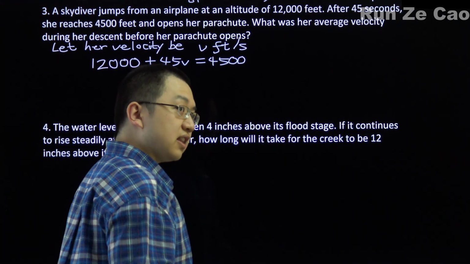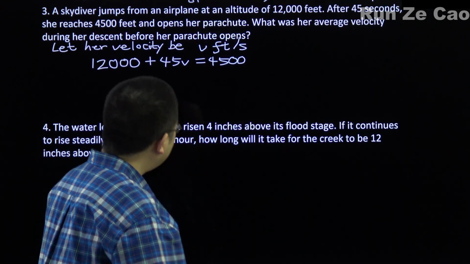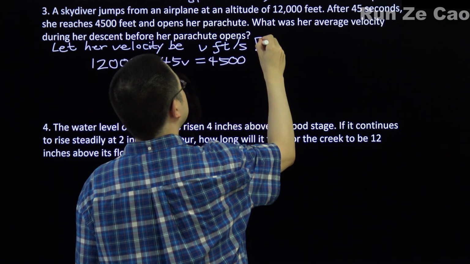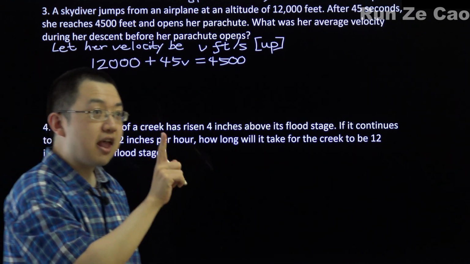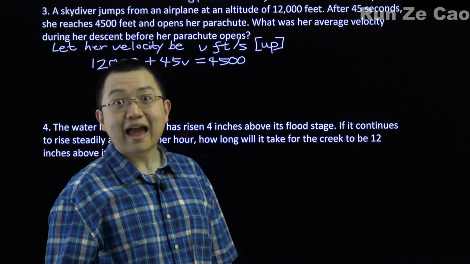If v is negative, and you know that this is a motion where you're falling, then your velocity is going to be in feet per second up. Because going a negative amount up is the same as going down.